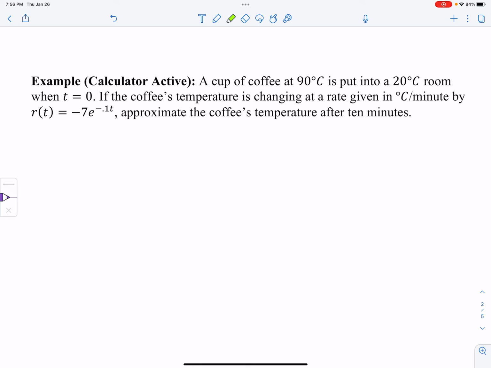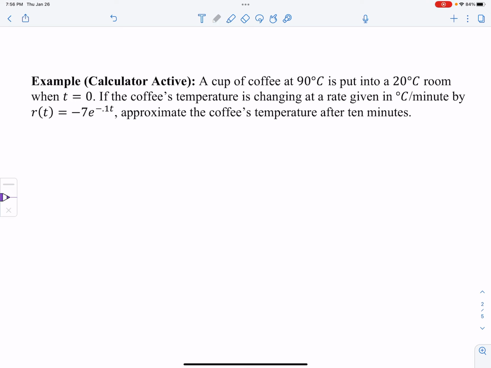Then the cup of coffee will start cooling off. If the coffee's temperature is changing at a rate given in degrees Celsius per minute by R of t equals negative 7 e to the negative 0.1 t, approximate the coffee's temperature after 10 minutes.